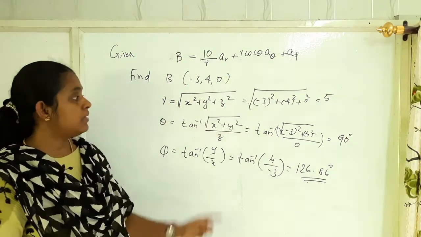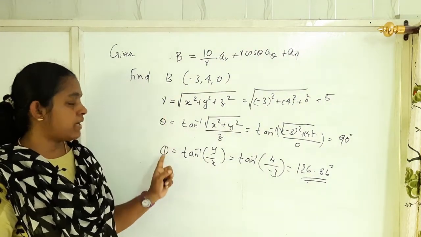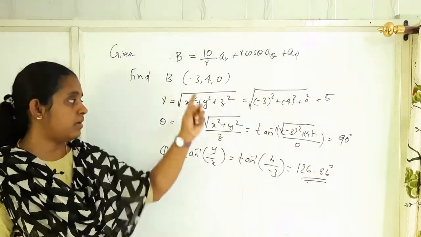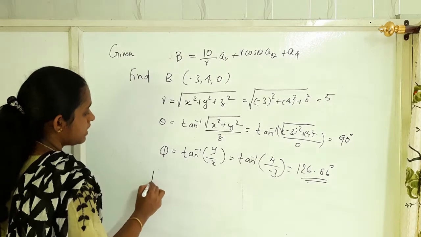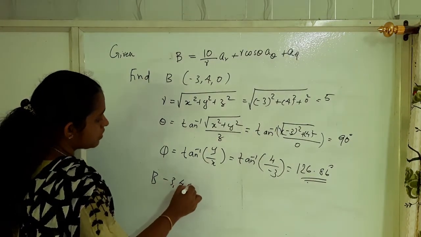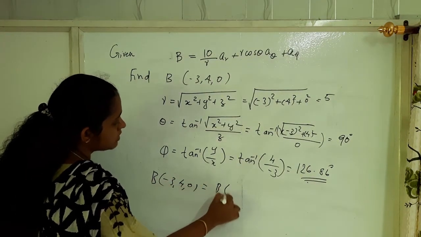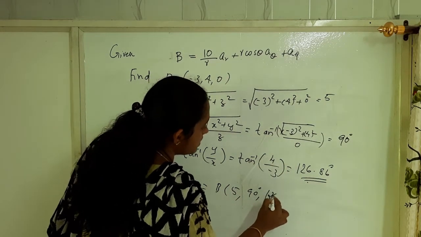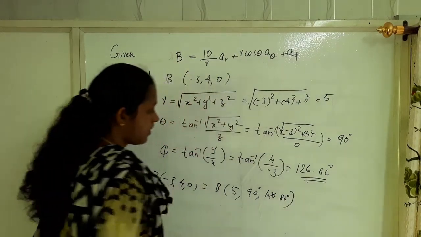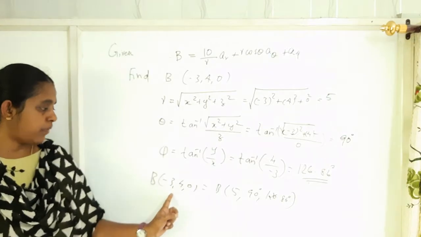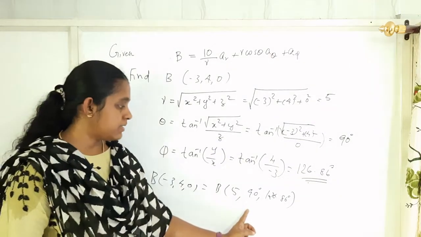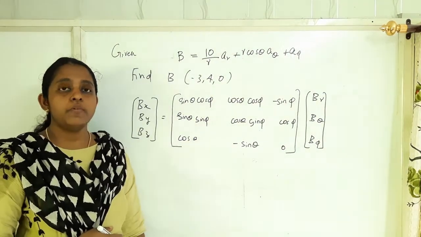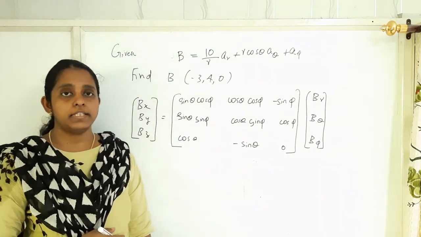So all the spherical coordinates r, theta and phi at this point (-3, 4, 0) in the Cartesian system are the same as 5, 90 degrees and 126.86 degrees in the spherical system. The point in the Cartesian system is the same as the point in the spherical system. So we found the spherical coordinates r, theta and phi.